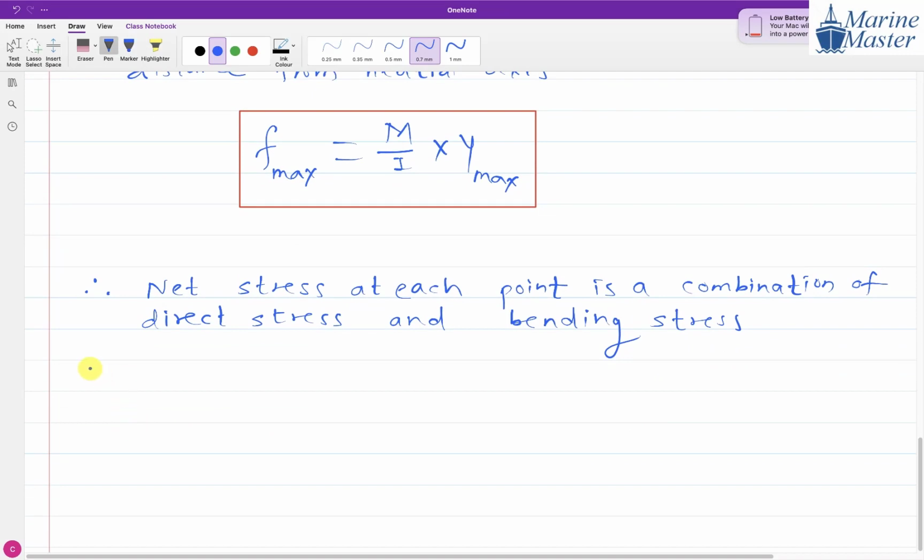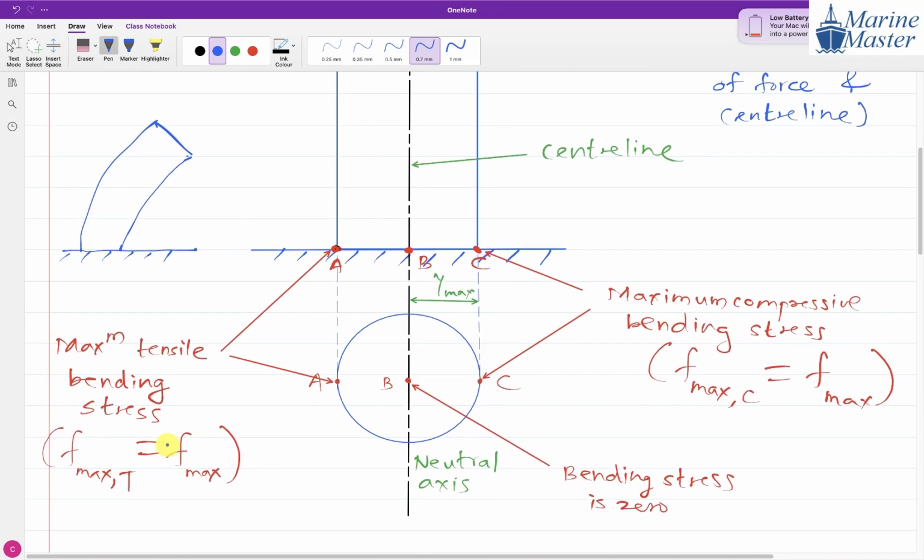So therefore, everyone, net stress at point A. Observe the point A. We will say net stress at point A is sigma A. At point A, we will have two stresses: one is direct stress and another is bending stress.